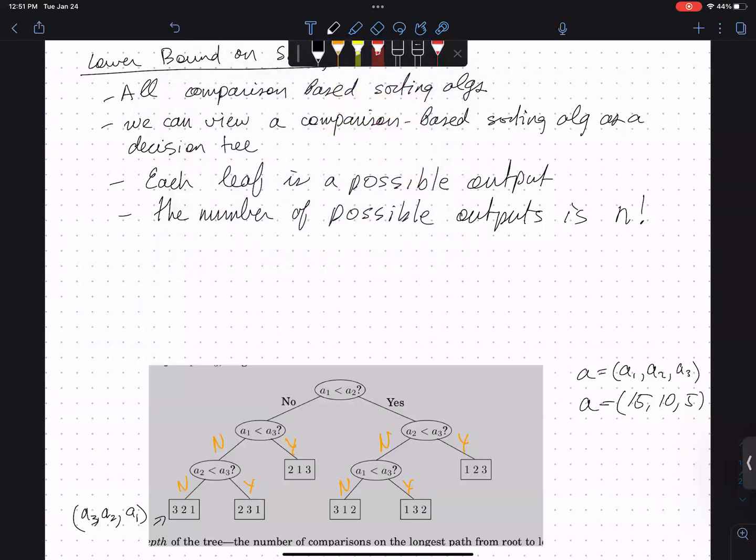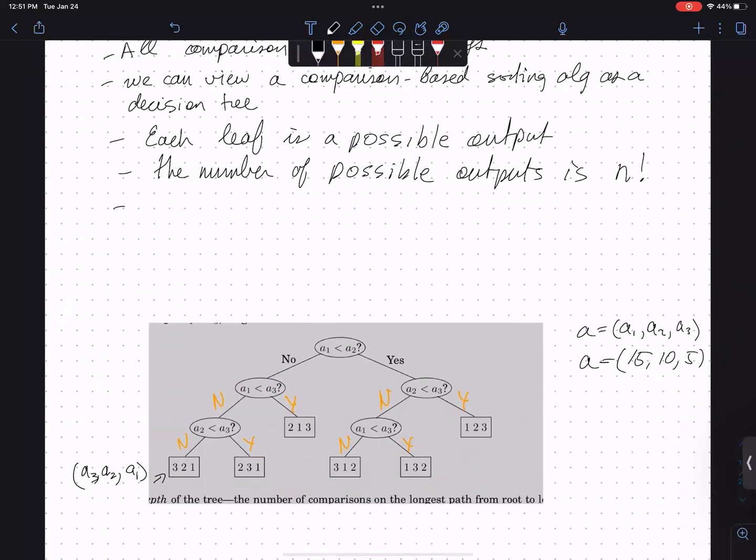Now, what about the number of leaves? It also has to be n factorial. Because if one of the possible permutations is missing from the output, then the algorithm will not be correct on some kind of input.